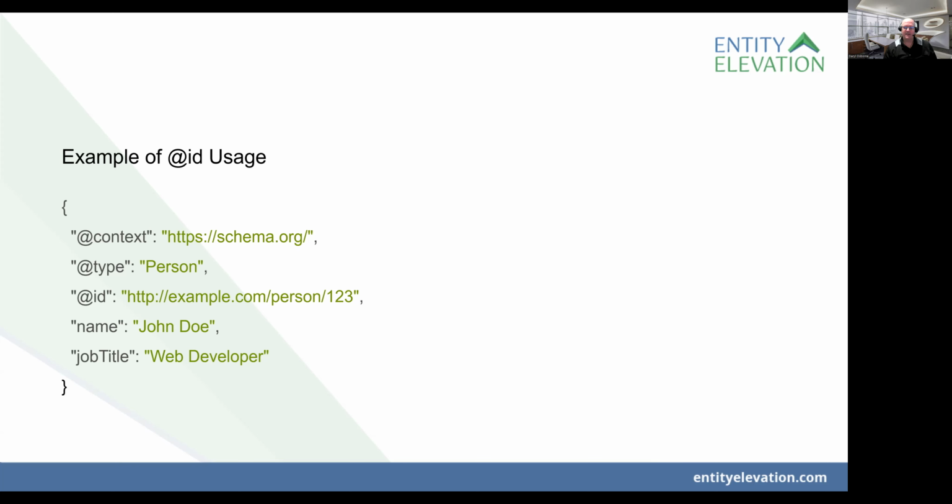The @context and @type properties should be familiar to you if you've worked with schema markup before. The @ID is our unique identifier, and then we have some properties describing John, his name and job title. This structure allows search engines to understand that this is a distinct entity and potentially link it to other mentions of the same John Doe across your site or even other sites.